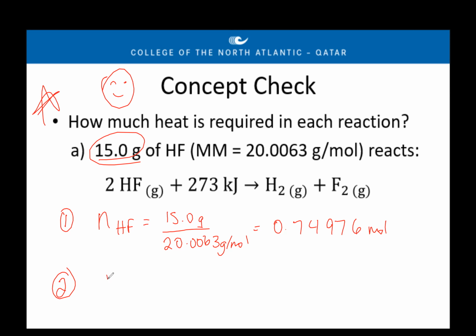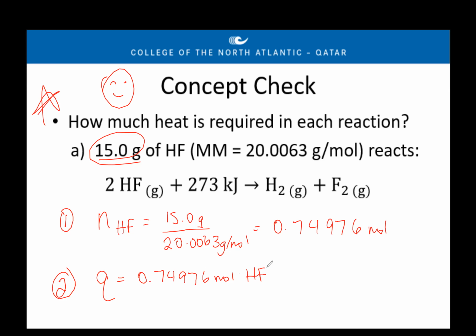All right, so now Q. I want to find my heat. Well, I know that I have 0.74976 moles of HF. Remember, my recipe is for every 2 moles of HF, I get 273 kilojoules of heat.